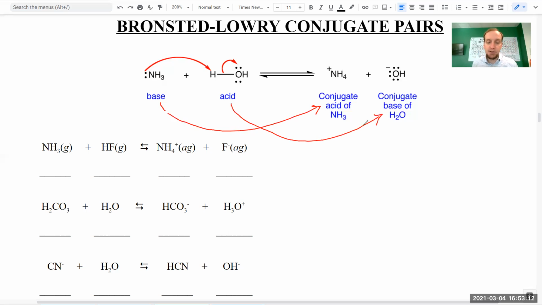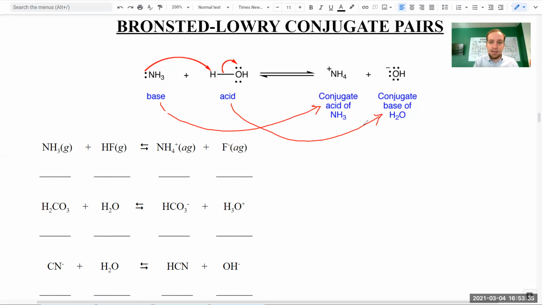Okay, so that is the pattern that you always want to follow. You will have an acid and a base on the left side. You will have a conjugate acid and a conjugate base on the right side. Never two acids and two bases or two bases and two acids. Always an acid and a base and a conjugate acid and a conjugate base. All we need to identify is what makes what. The NH3 looks like the NH4.